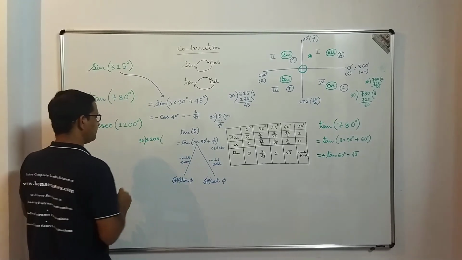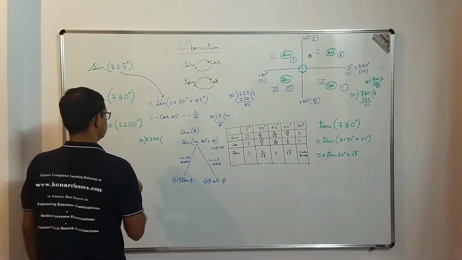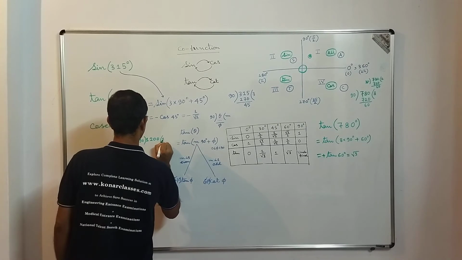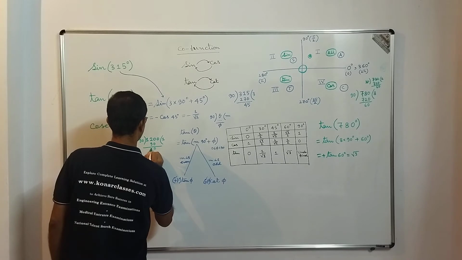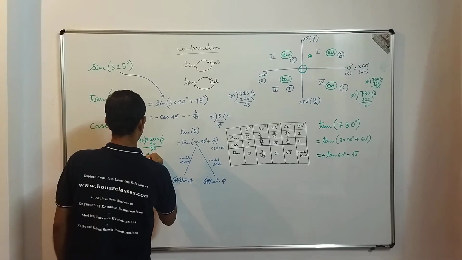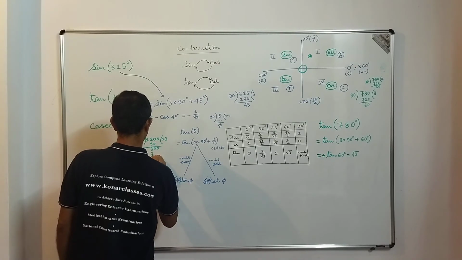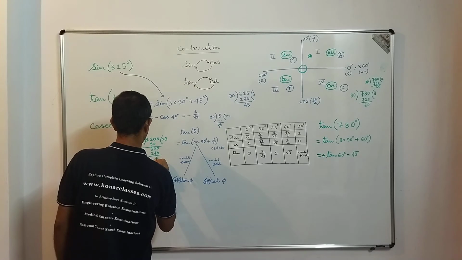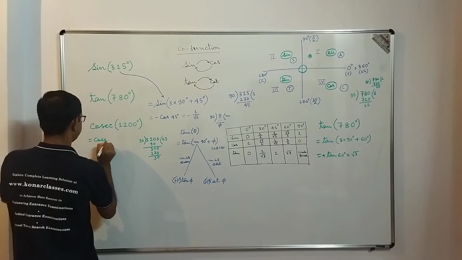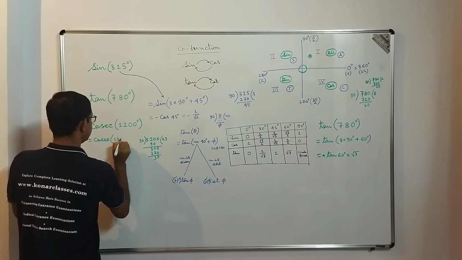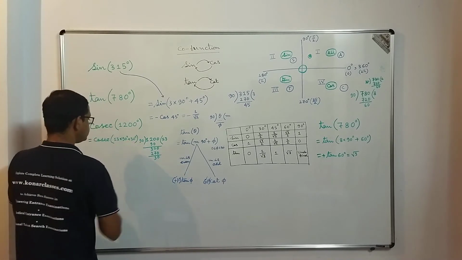So we can write cosec of 13 into 90 degrees plus 30 degrees.